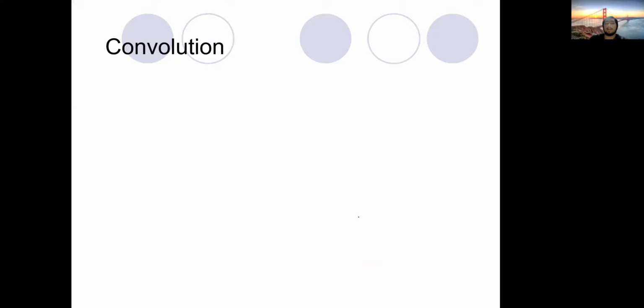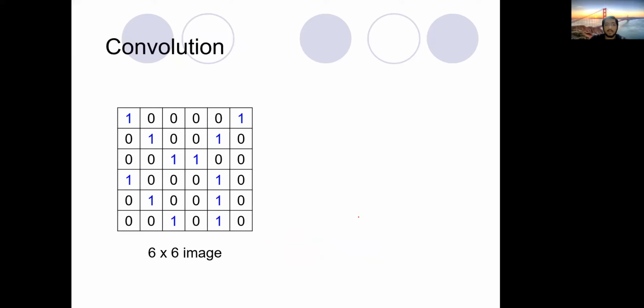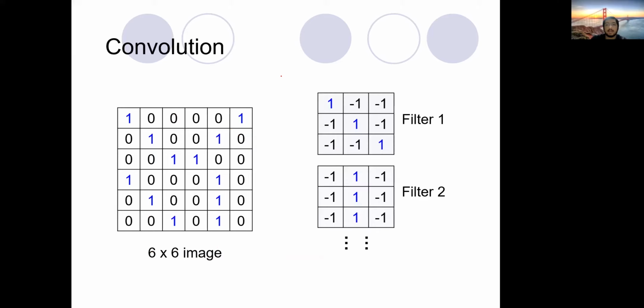Okay, let's look at what a convolutional operation is, or what a convolution is. Let's say you have a 6x6 image, right? Which is converted into binary numbers, 0 indicating a white pixel and 1 indicating a black pixel, right? So let's say you have this 6x6 image, which is like a matrix, and you have these two filters.